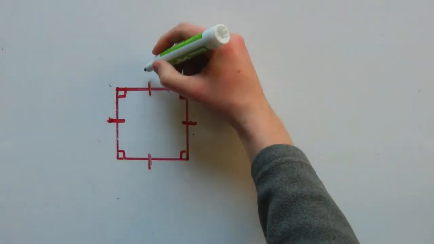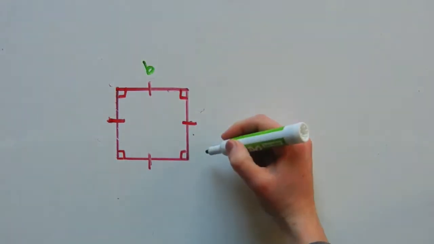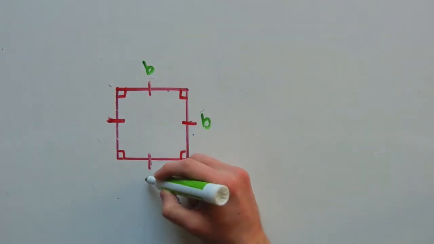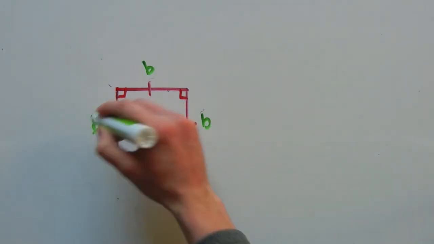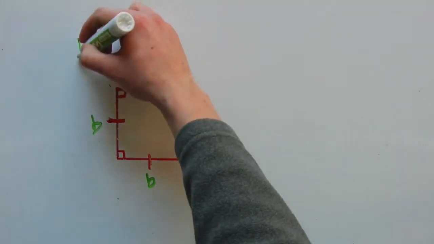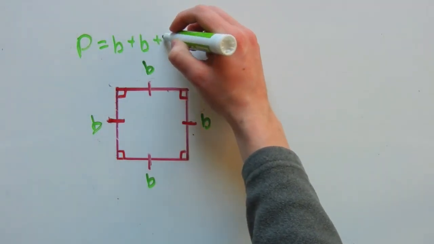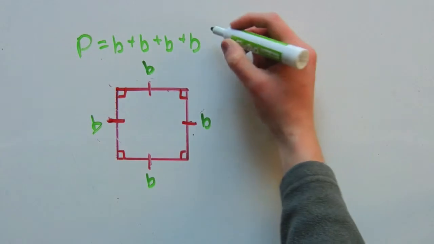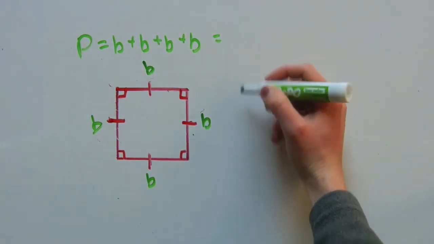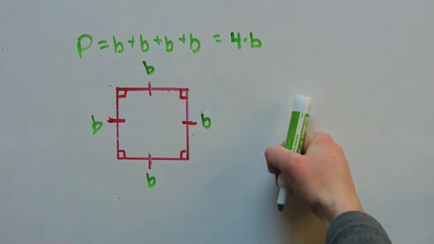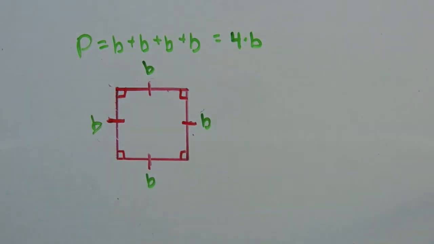So let's call this side B. This side is the same length as this side. So let's call this B, B, and B as well. So the perimeter P would be B plus B plus B plus B, which is really 4B, or 4 times B. So we only have to measure one side.